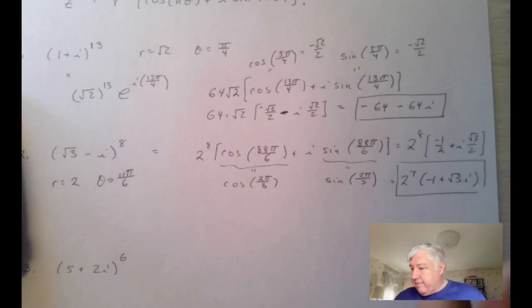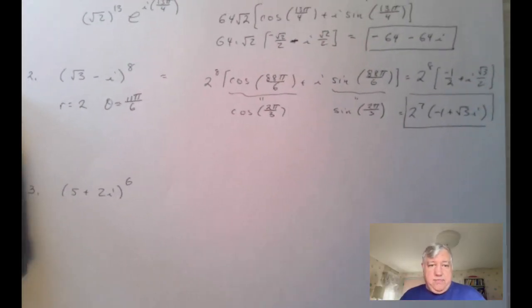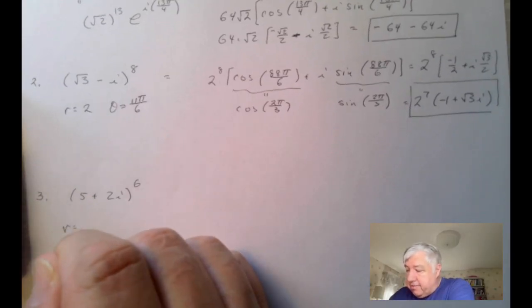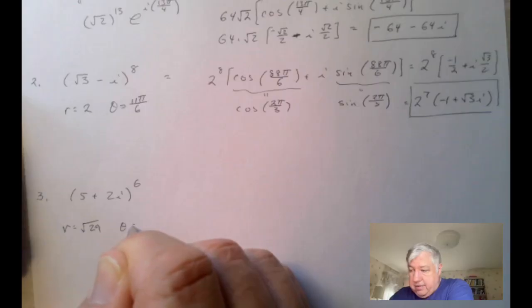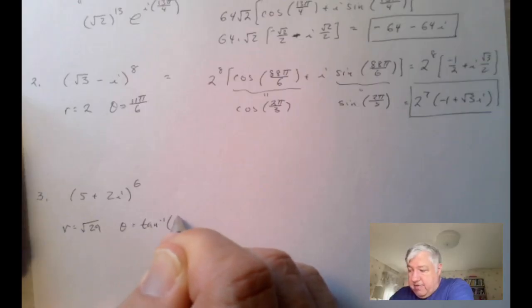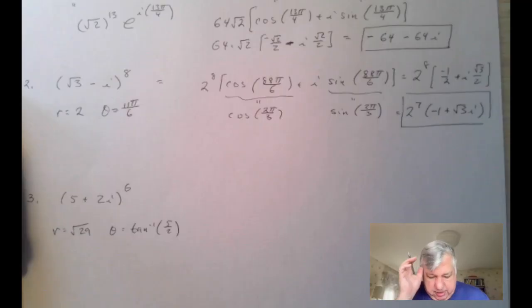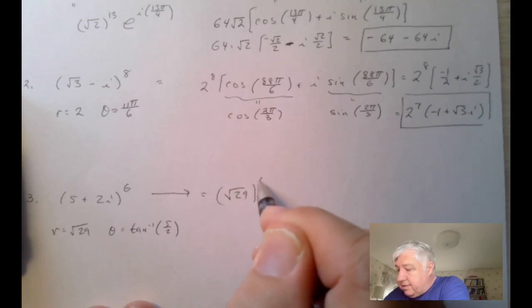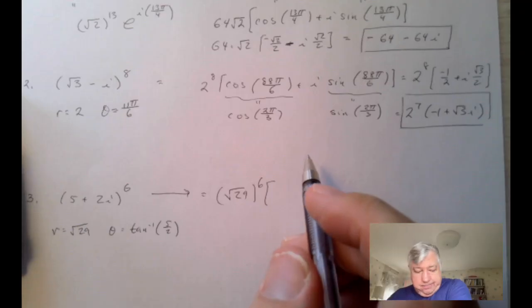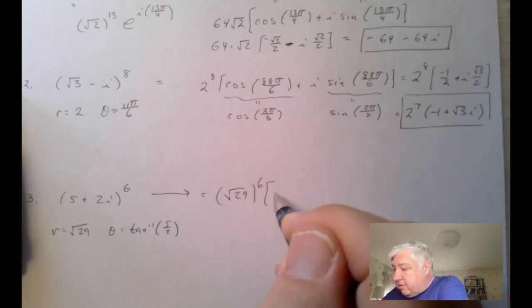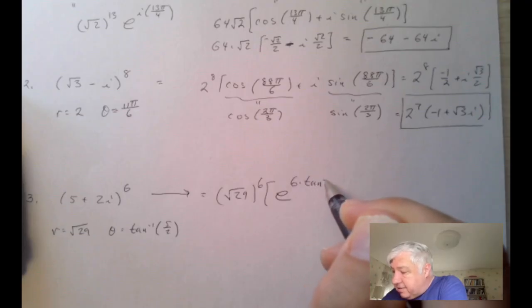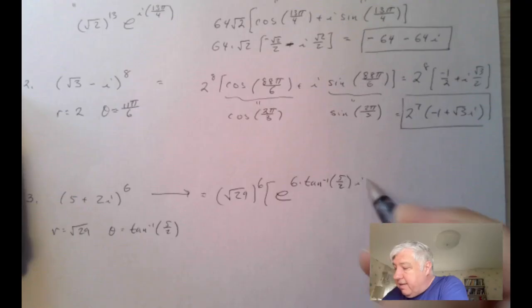Maybe if we want to do one more, here 5 plus 2i to the 6th power. We already found out that r is the square root of 29, and theta is going to be the inverse tangent of 2 over 5. Okay, so we can just do this. So this is equal to square root of 29 to the 6th power times e to the 6 times the inverse tangent of 2 over 5 i.